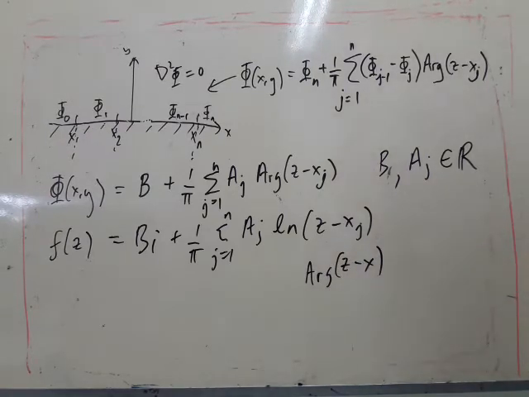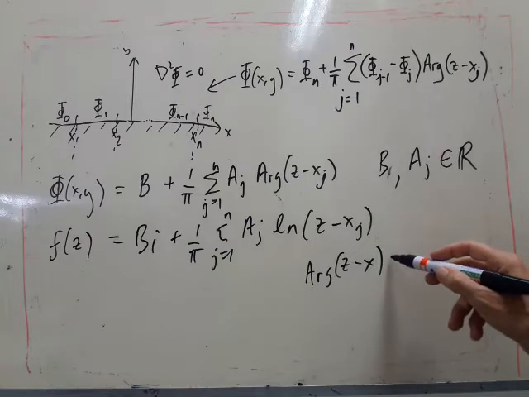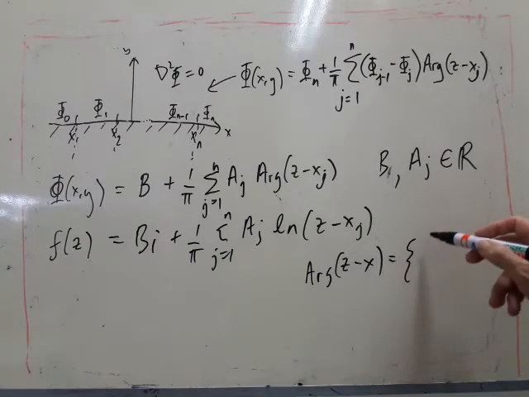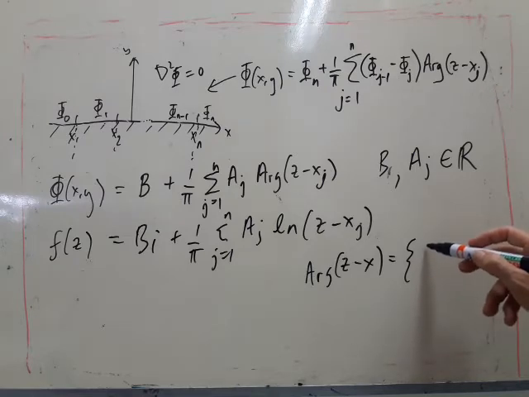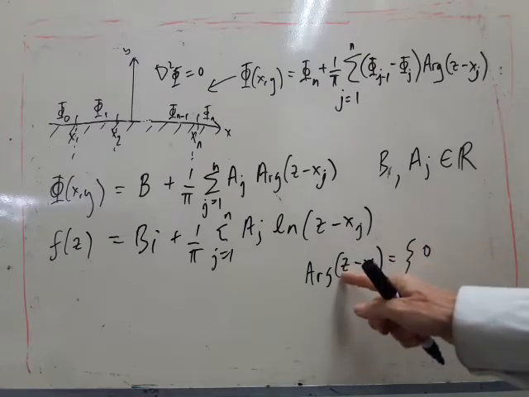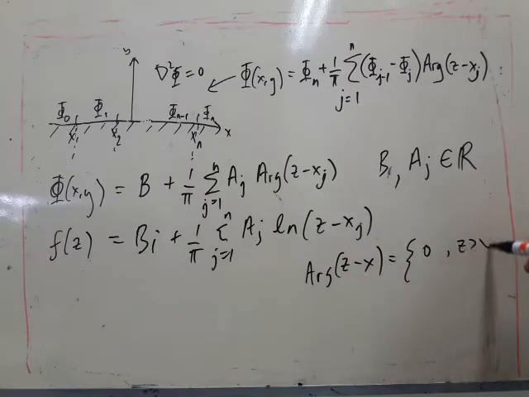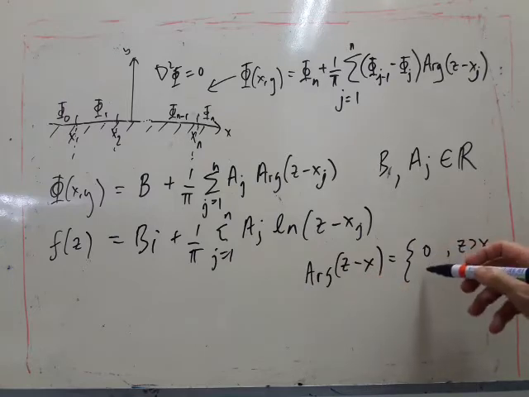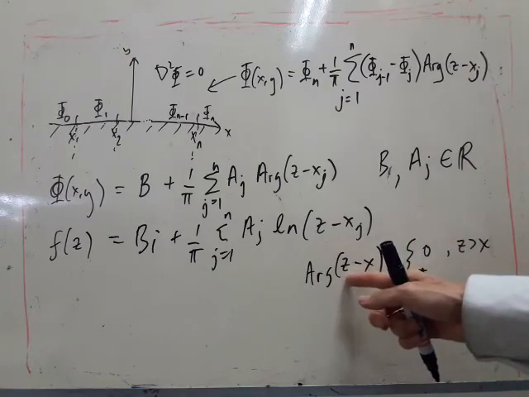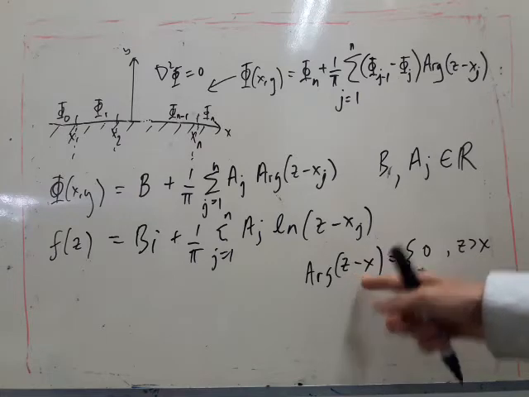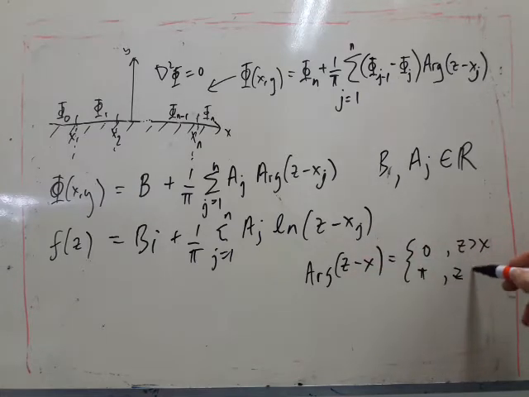If we're on the real axis, then the arg of z minus x is basically going to be equal to 0 if z is greater than x. So we're on the real axis always, and it's going to be pi if z is less than x, since this is going to be a negative number. And what happens if z equals x? Then it's undefined, but we won't worry about those single individual points.